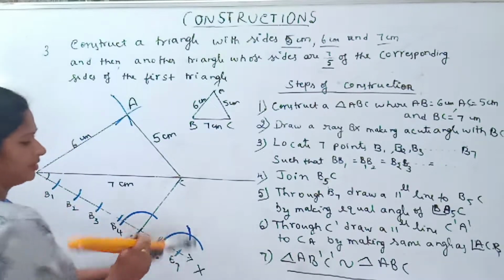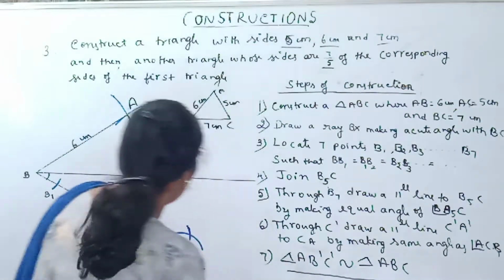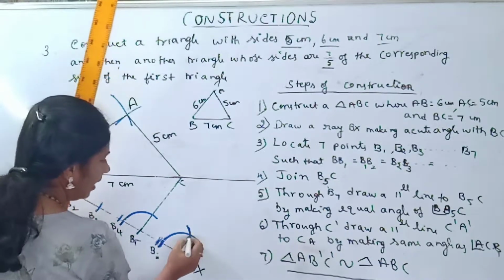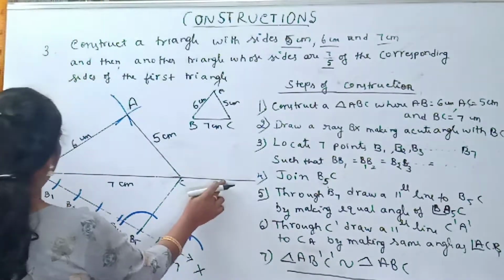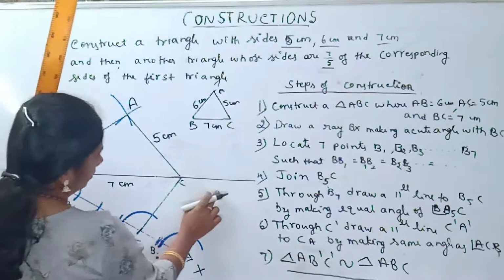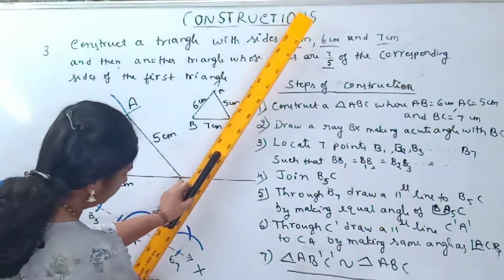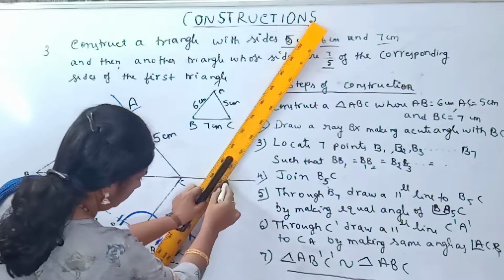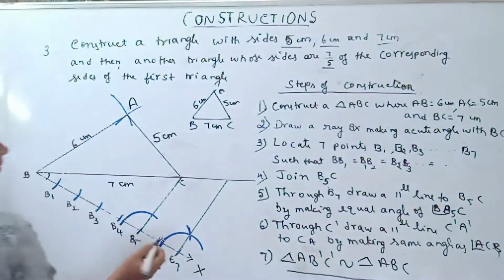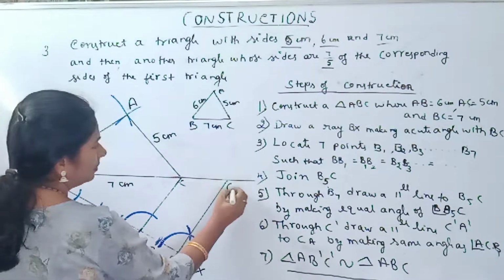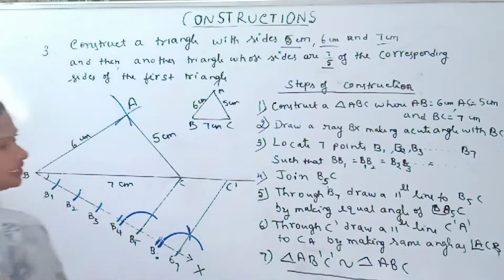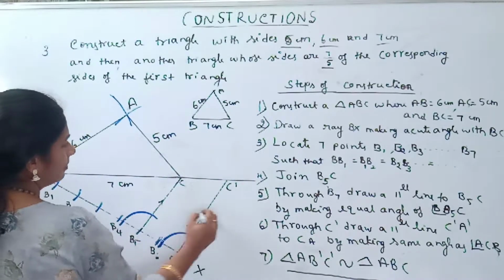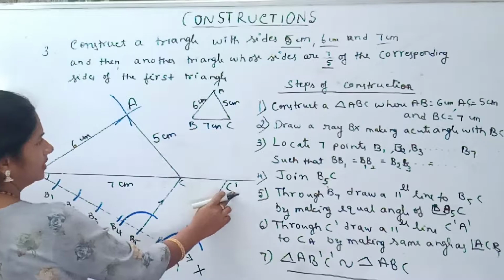Cut that arc. Now you are finding one point here and you have to join B7 and that point, let it intersect at C dash. Now you name that point as C dash. Same way, now B5C is parallel to B7C dash.